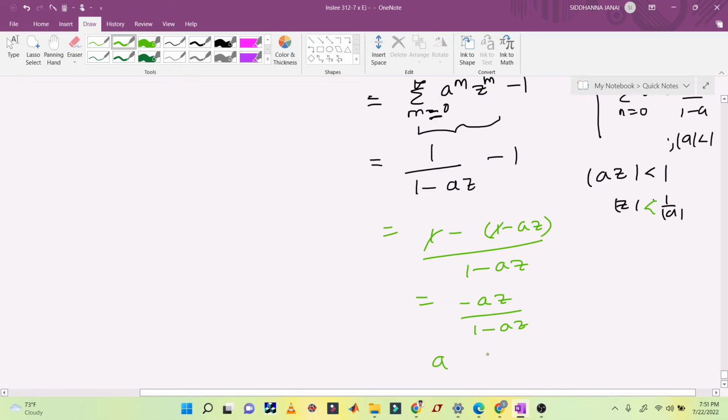You can take a as common, means minus that divided by 1 by a minus z. So this minus will be there. A and a will cancel out.